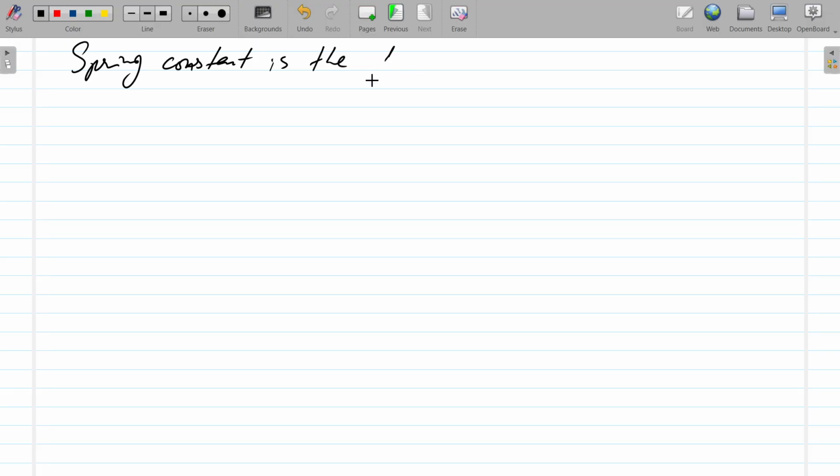And of course, as with all equations, you can move them about. In your book, the spring constant is defined as the force per unit extension.